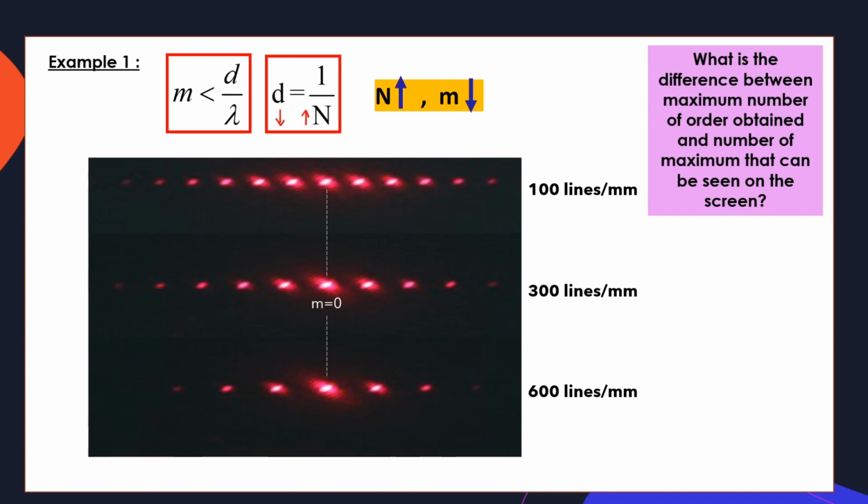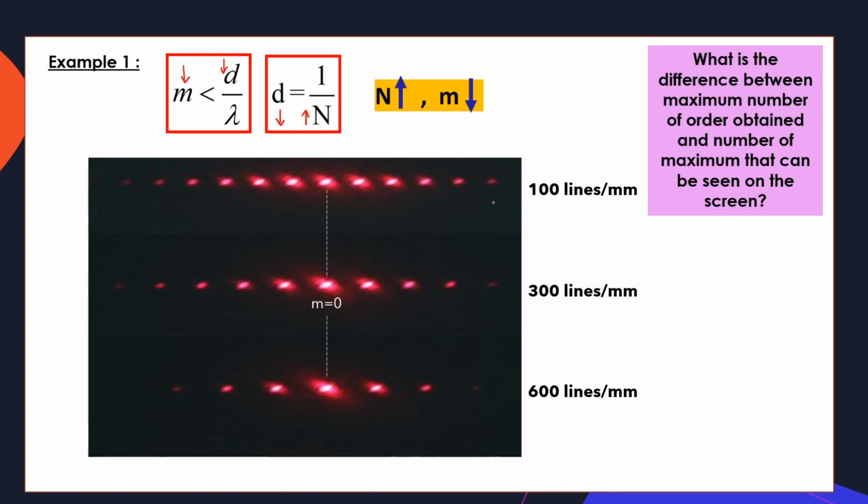Since m is directly proportional to d, when the grating spacing becomes smaller, m also becomes smaller. Let's say at the center here, we have the 0th order, m is equal to 0.